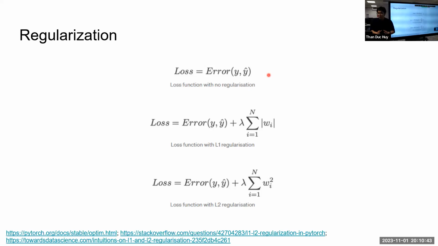And we don't want that particular value of the weight. So now we nudge it somewhere else. We add another term in the loss function, which is lambda times the sum of all the weights. There are two ways: one is to use the absolute value, and the other is to use the square.